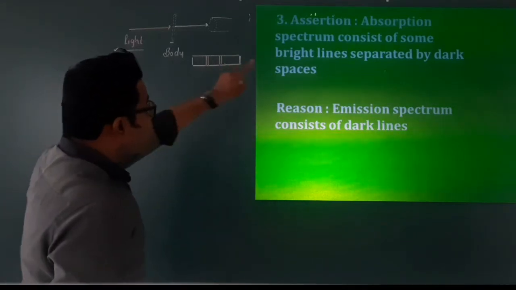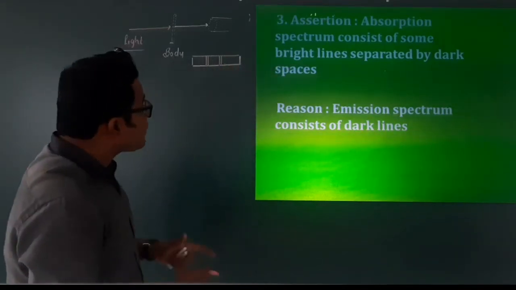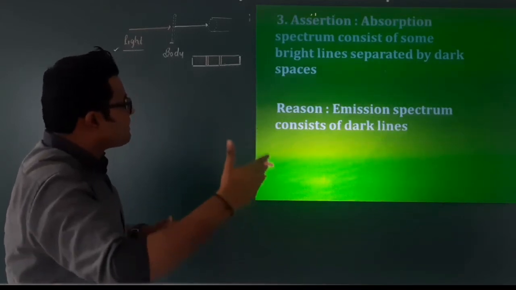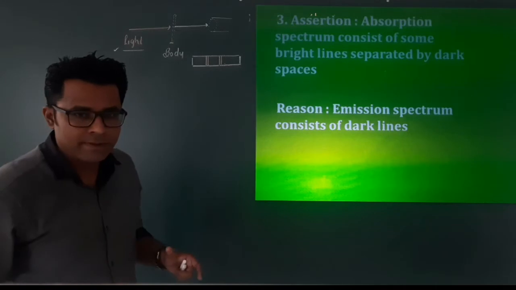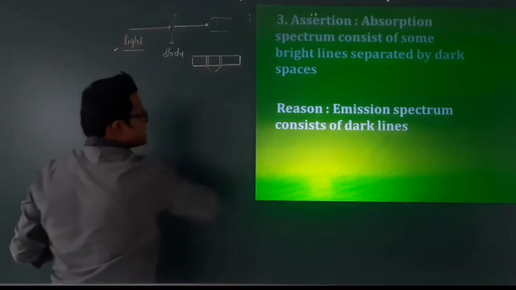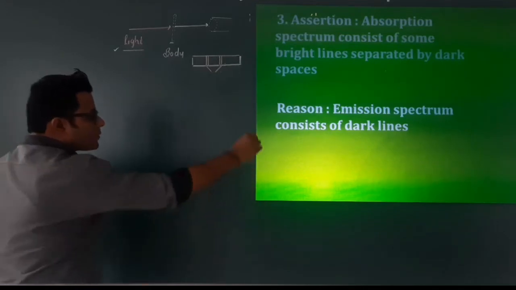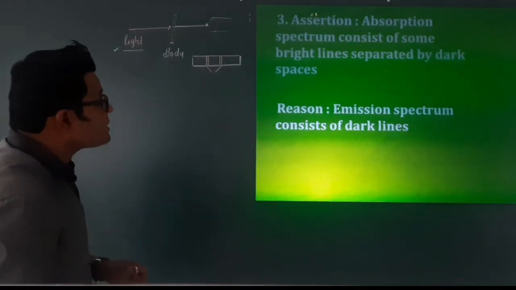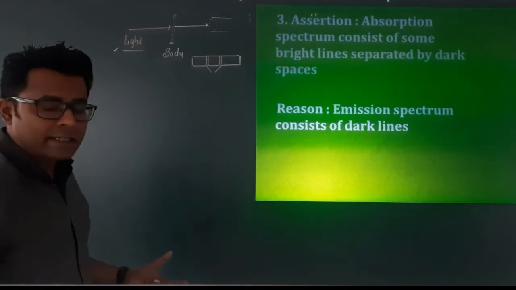But what the assertion says is that absorption spectra consists of some bright lines separated by dark spaces. Here there are going to be some dark lines. Correct. So, what is the reason? The reason says that emission spectra consists of dark lines.